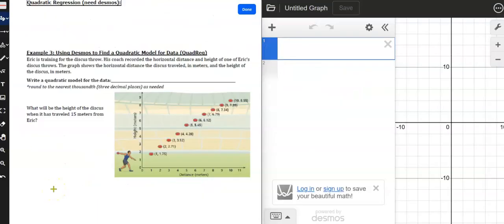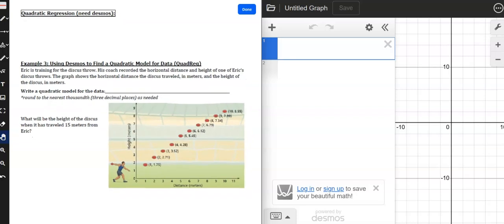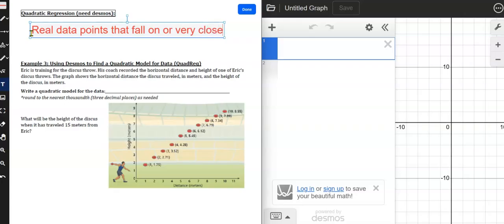Okay, so we're dealing with something called quadratic regression. Quadratic regression. Not to be confused with linear regression. So real data points that fall on or very close to a quadratic model.